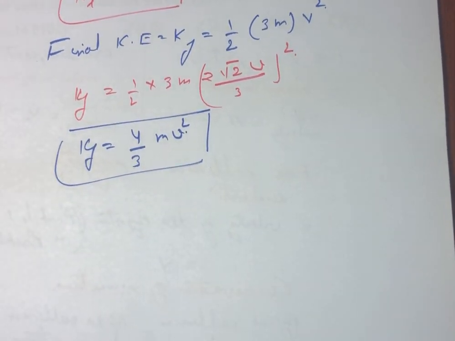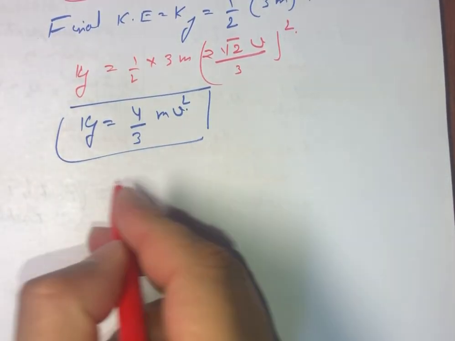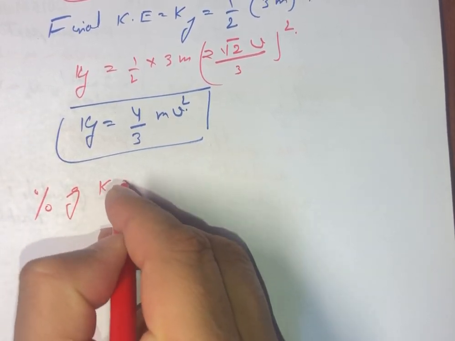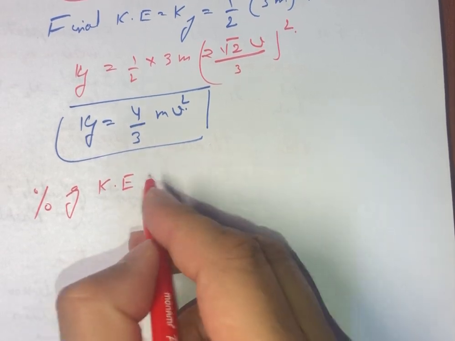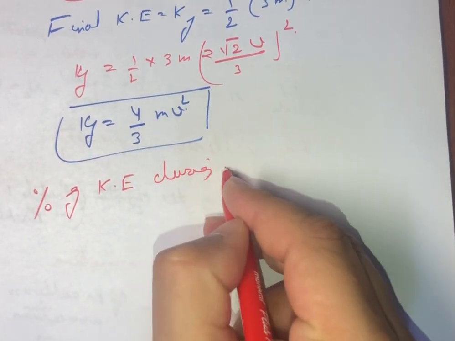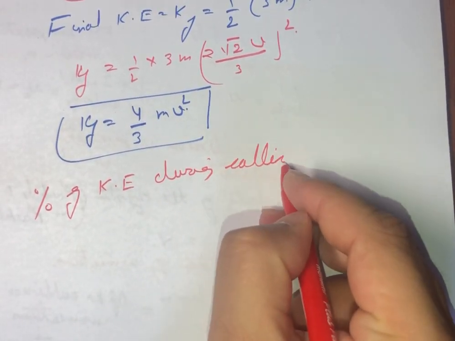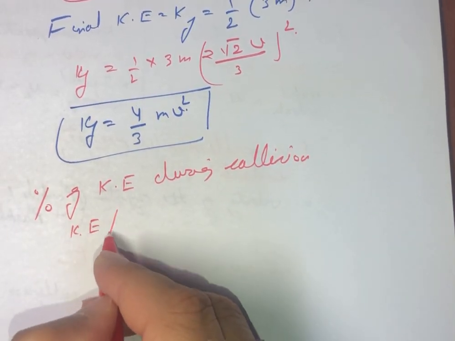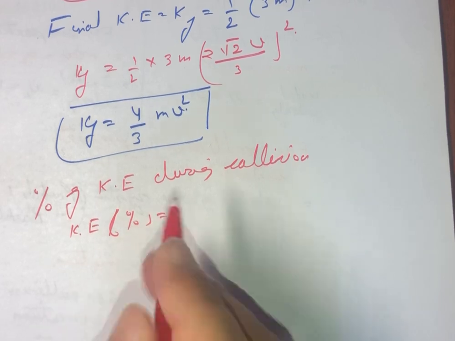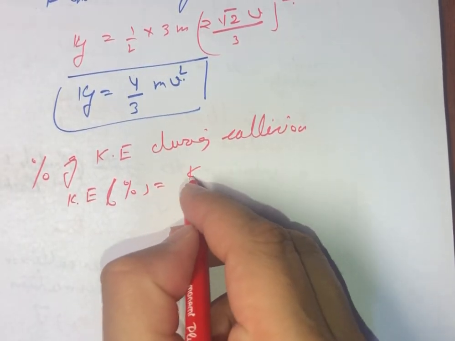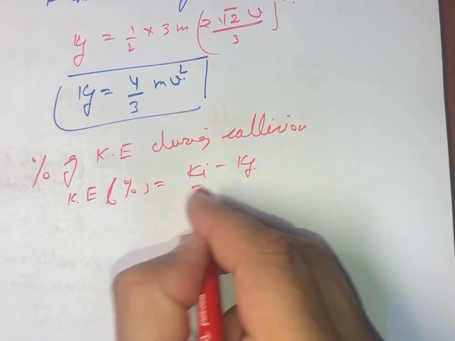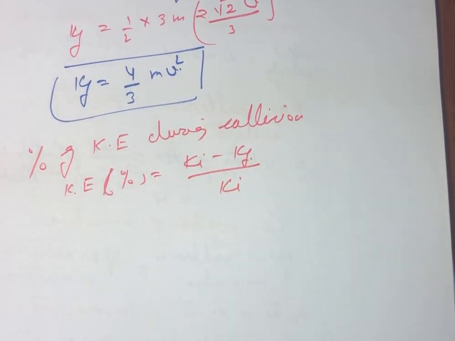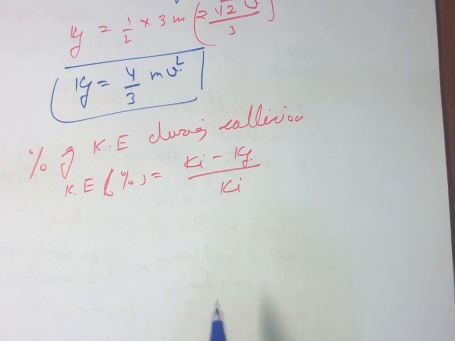We are supposed to find out the percentage loss of kinetic energy during collision. Percentage will be equal to K initial minus K final divided by K initial. We substitute all the values.